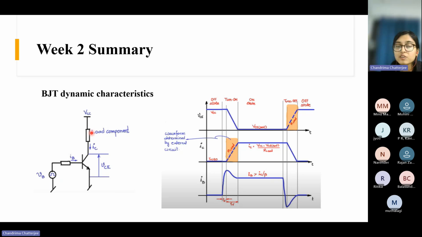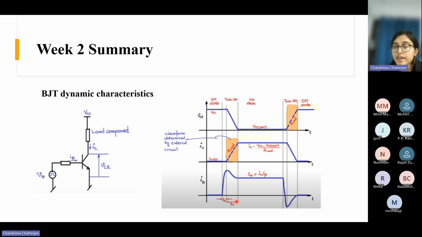But if the load is an inductive or a capacitive load, then we can't say the characteristic will be linear. There could be some overshoot, but it will not be simply linear. For resistive load only, the characteristic will be like this.